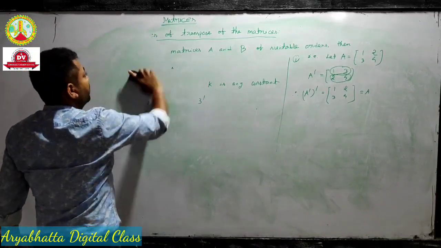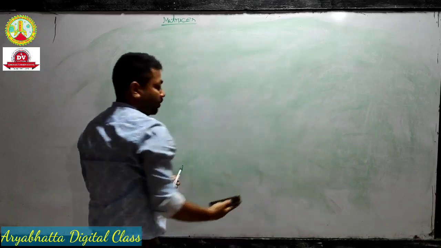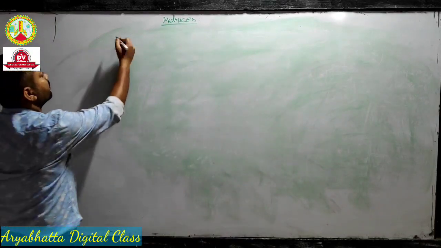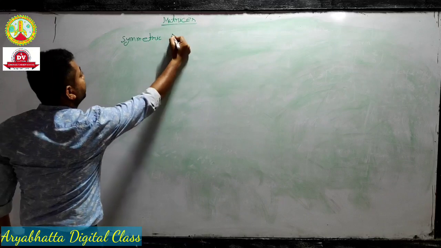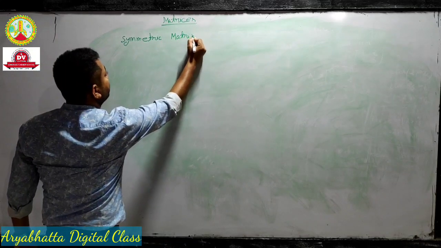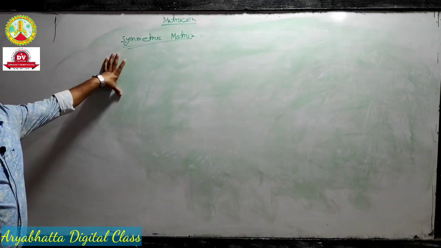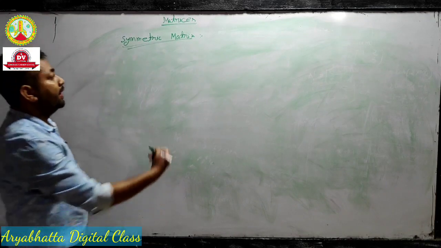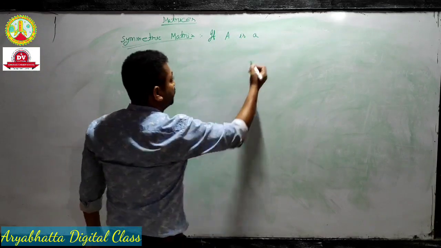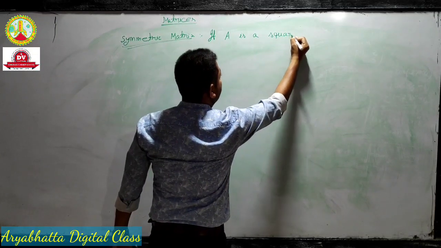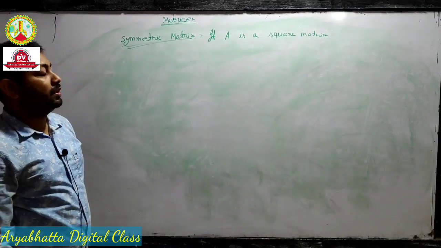Now, we discuss symmetric matrix. What is a symmetric matrix? If A is a square matrix and A dash equal to A. Square matrix means the total number of rows equal to total number of columns, that is m equal to n.